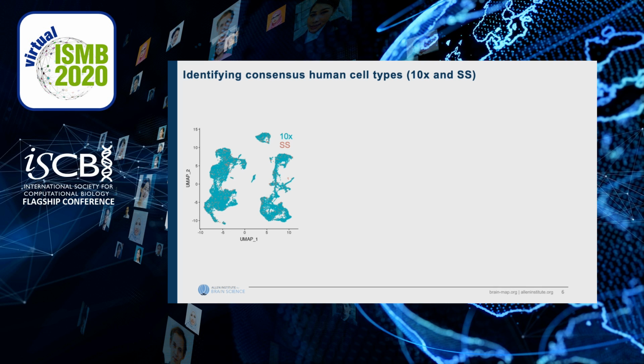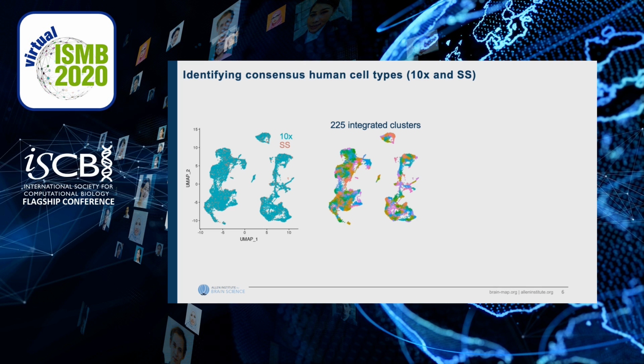So here's the UMAP of the human inhibitory integration, and you can see the red SmartSeq nuclei mix very well with the blue 10x nuclei in the reduced dimension space. To identify the consensus types from this integrated space, I performed Louvain clustering within Seurat and shattered the dataset into 225 small but really highly similar clusters.